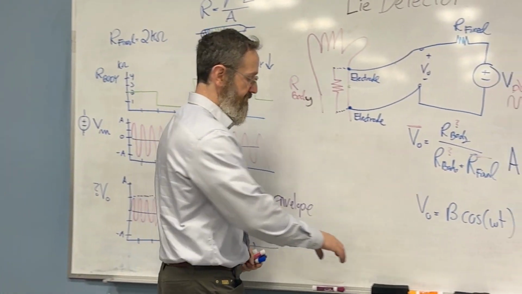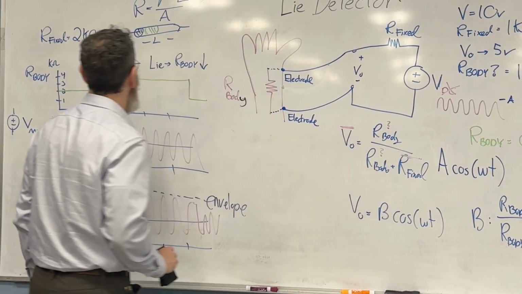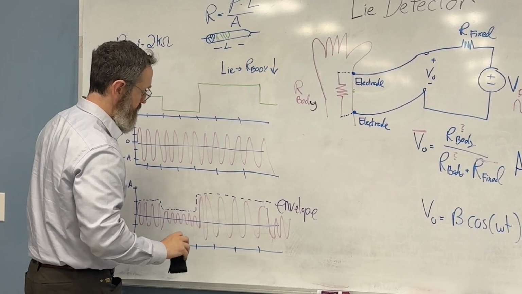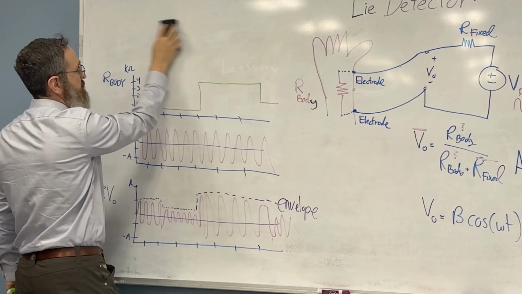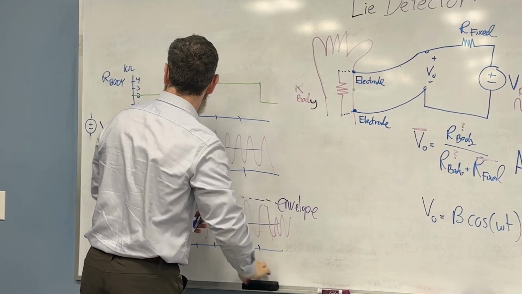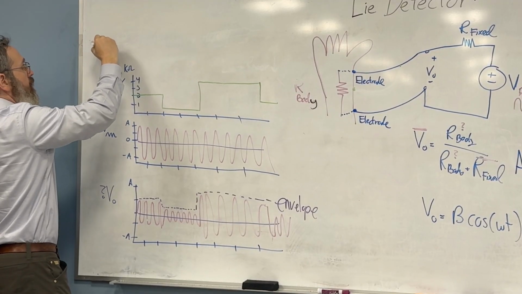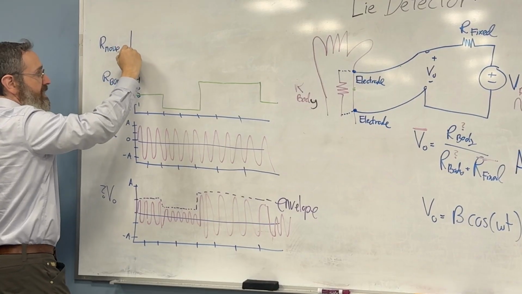Because now let me introduce the noise. Okay. So now I'm going to introduce the noise. I'm going to call this R noise. I'm going to put it on the same axis.